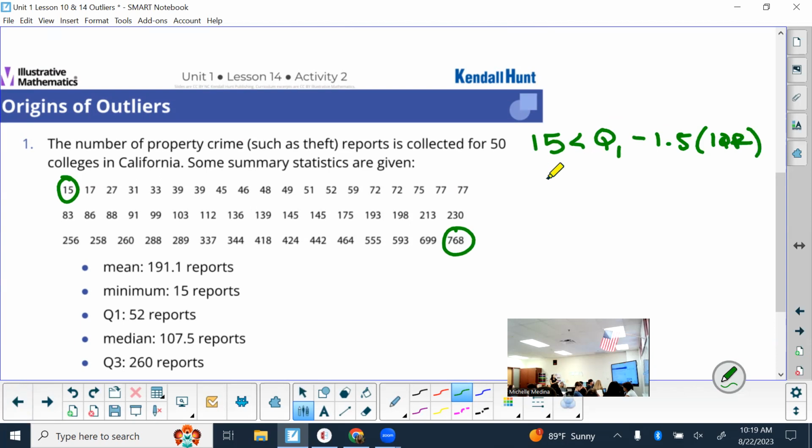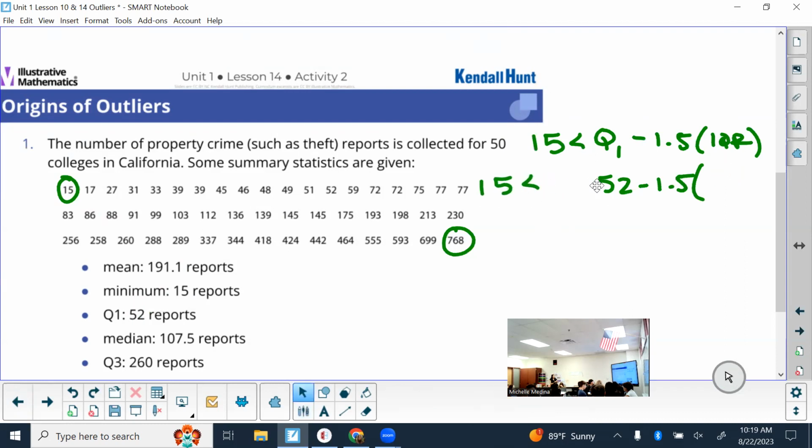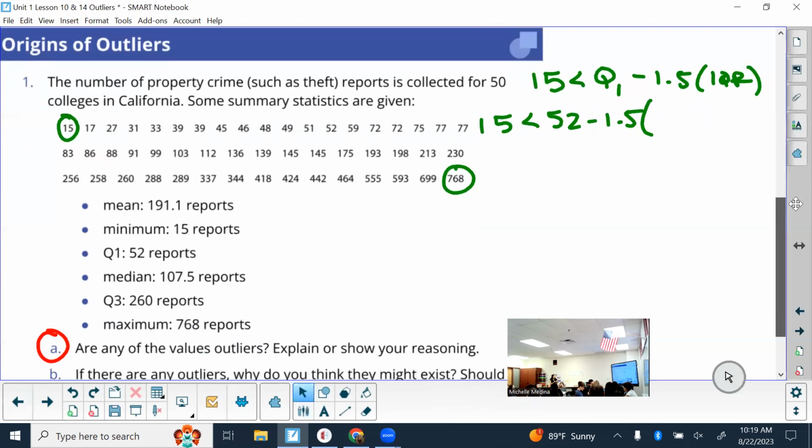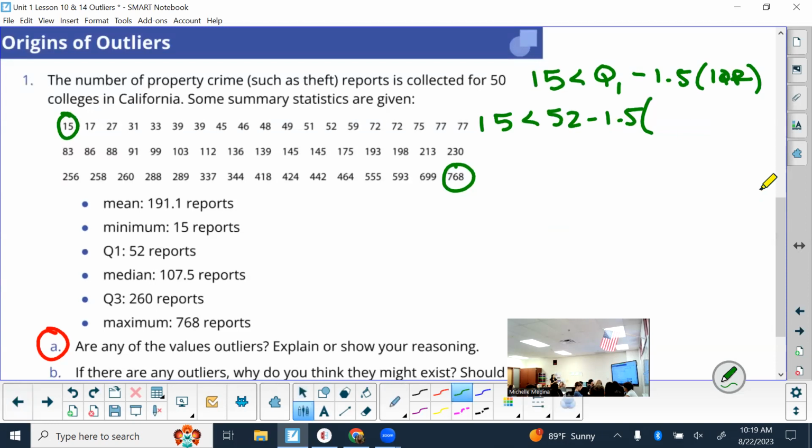Now it gave you the summary statistics, so you don't have to put this all into Desmos to find what your Q1 is. What's my Q1? 52. All right, minus 1.5 times whatever the IQR is. My summary statistics don't say that the IQR is this number, but you can figure it out because IQR is what minus what? Q3 minus Q1. So I'm just gonna put 260 minus 52.